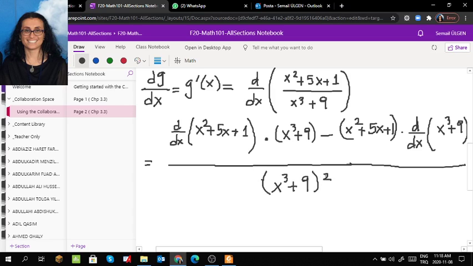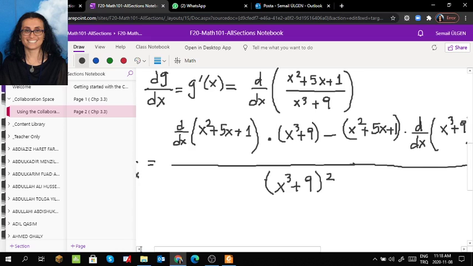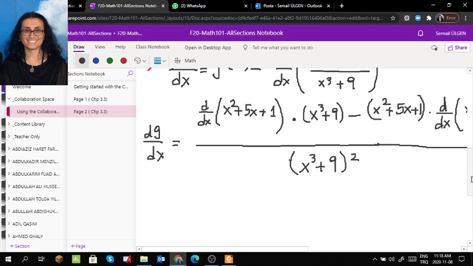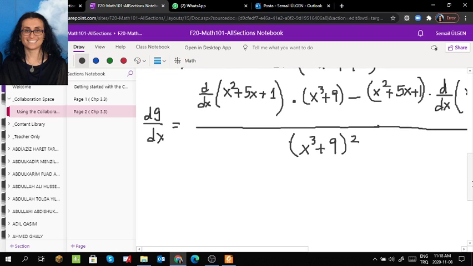Okay, are we done? Not yet. We have to evaluate it. We have to apply it. This says you should take the derivative of x squared plus 5x plus 1. We have not done this yet. So let's continue. Here, this big thing, x cubed plus 9 to the second power.